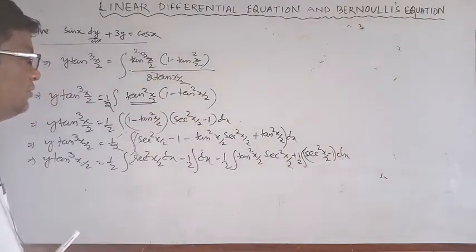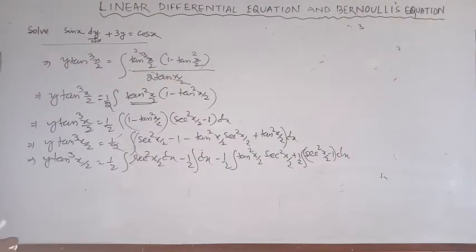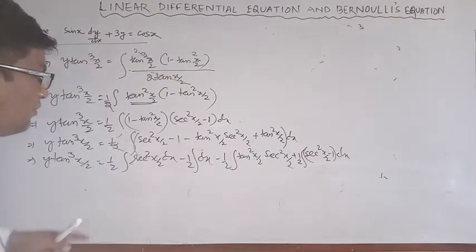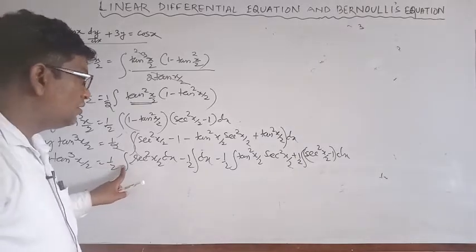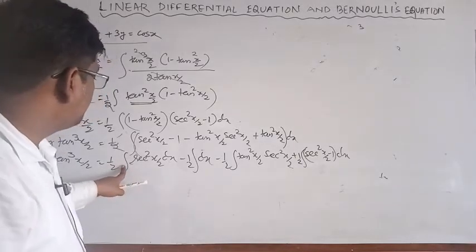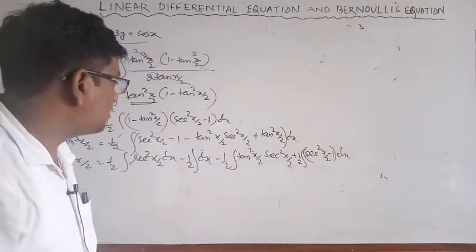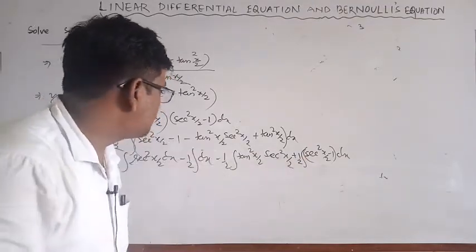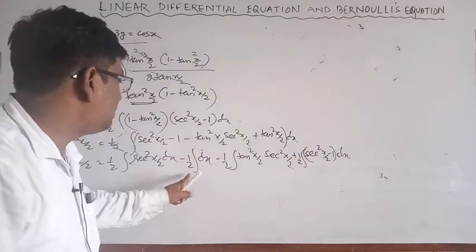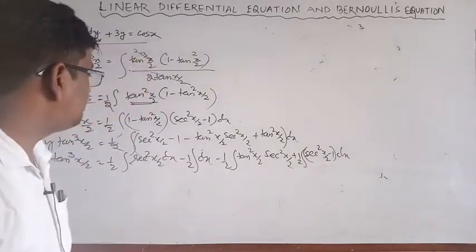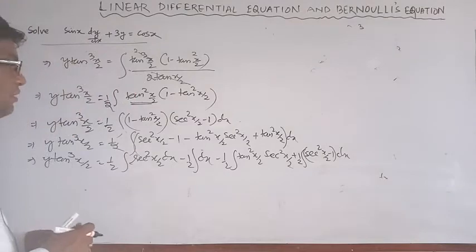Okay, so what is this? This is half sec square x by 2, and this is half sec square x by 2, and this is half, minus 1.